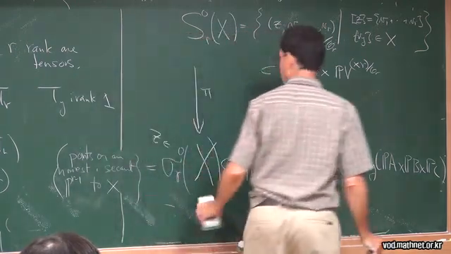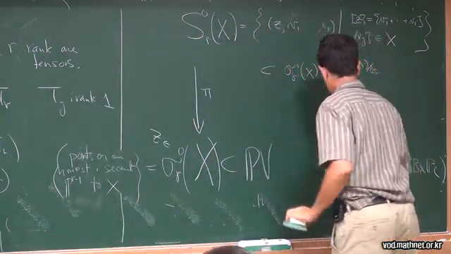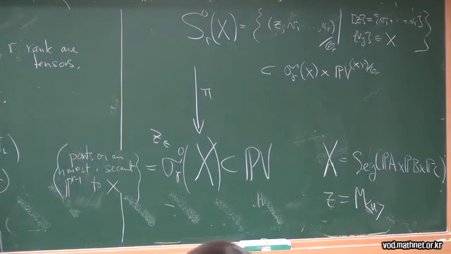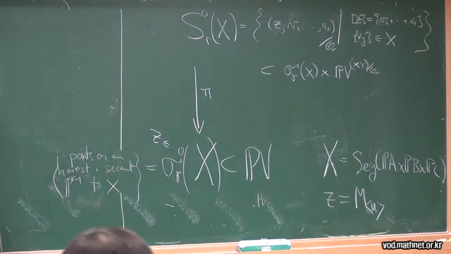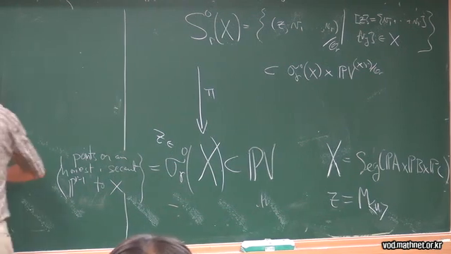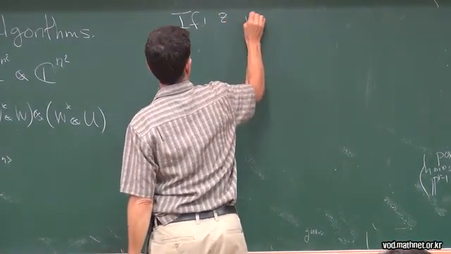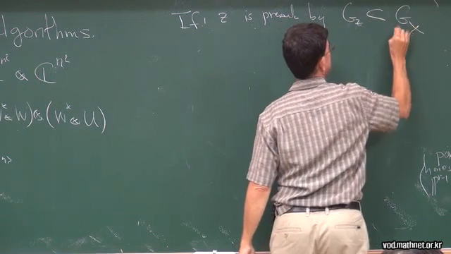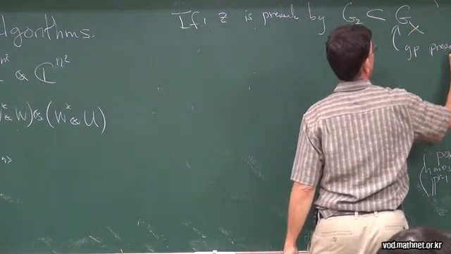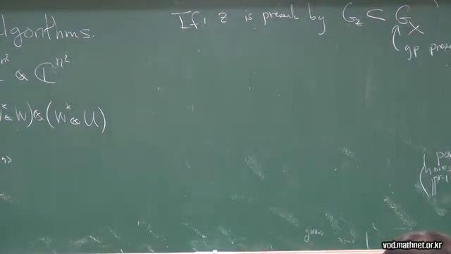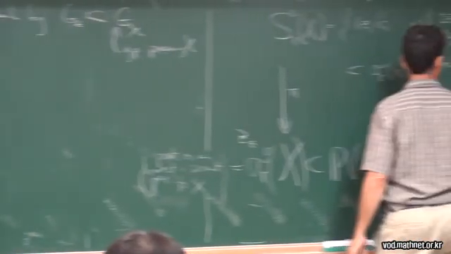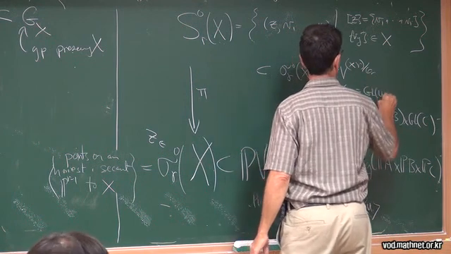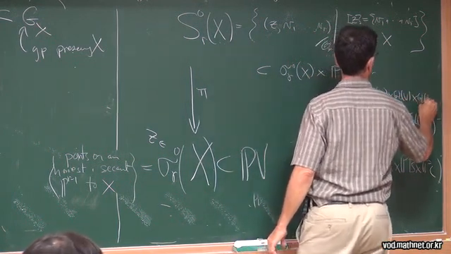And what I'm saying is, here our point Z is matrix multiplication, and if Z is preserved by some subgroup GZ sitting inside GX, the group preserving X. So here GX is this GLA cross GLB cross GLC, and GZ is this GLU cross GLV cross GLW.